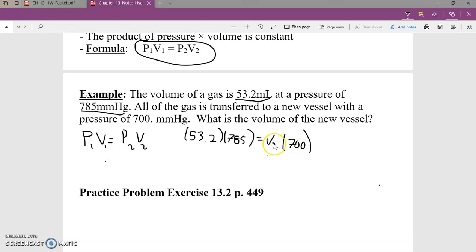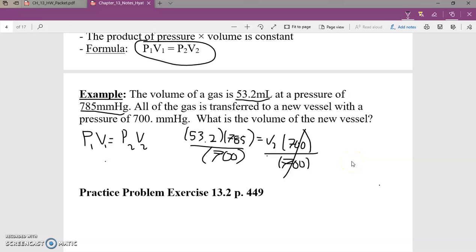To get this on its own side, we divide by 700 on both sides. Simple algebra. What's going to happen is that cancels out, and it goes on this side now, 700. So now the equation is just 53.2 times 785 divided by 700, and you should find your second volume.